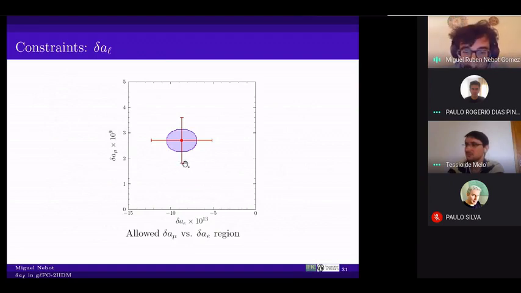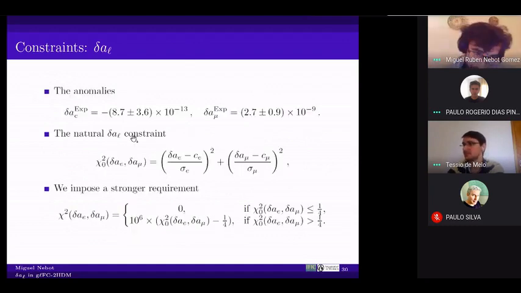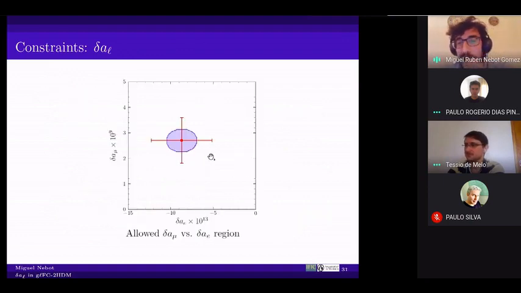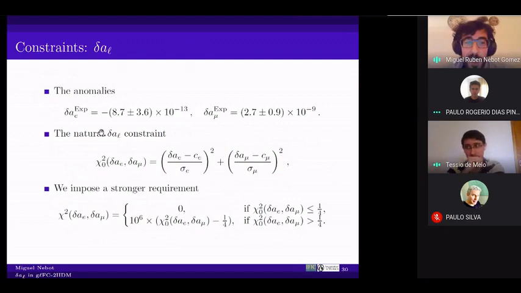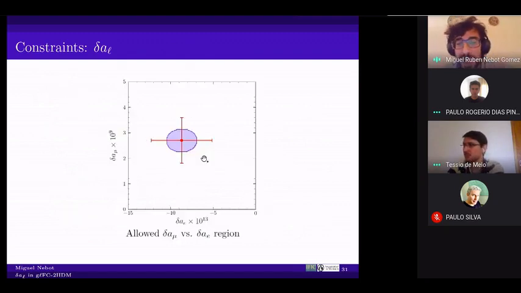The problem is that by just going a couple of sigmas, well, 2 and something sigmas, for example, in the electron, you are already losing completely the anomaly in the electron.